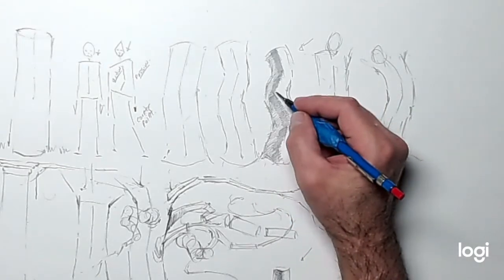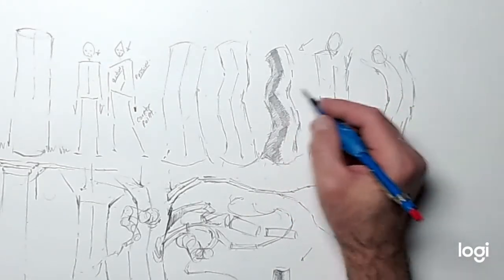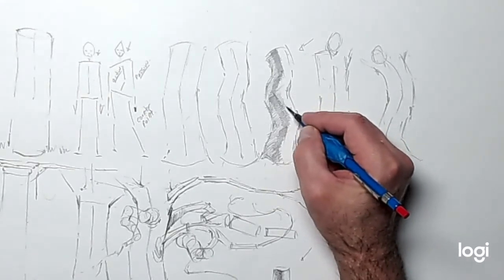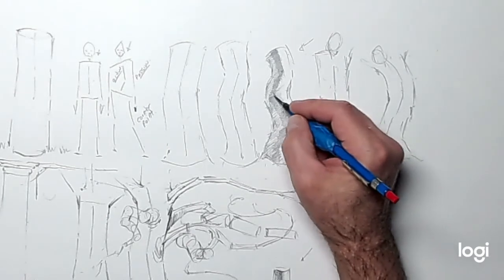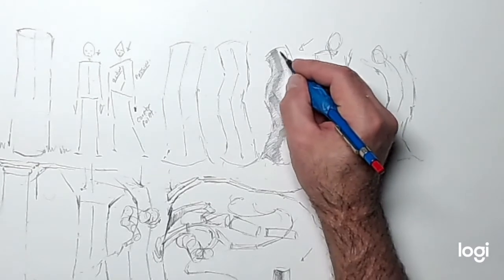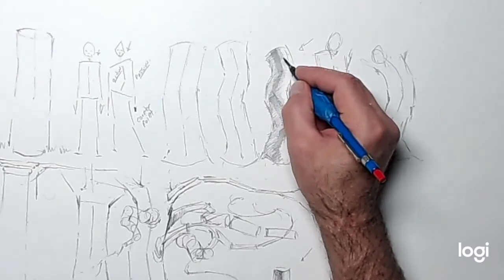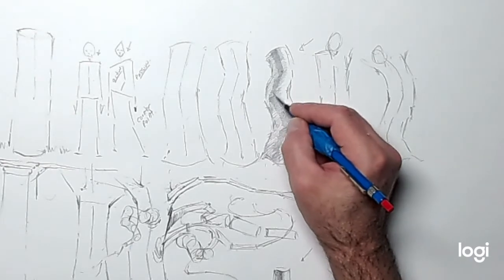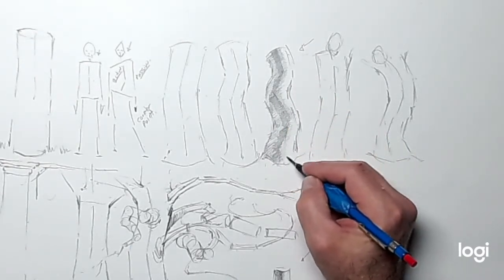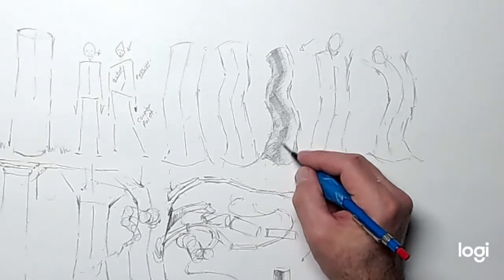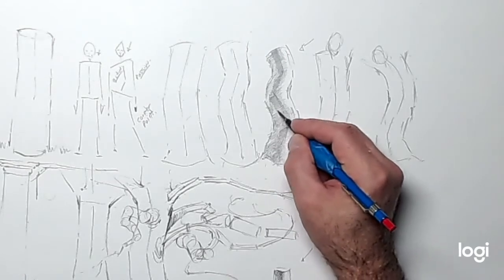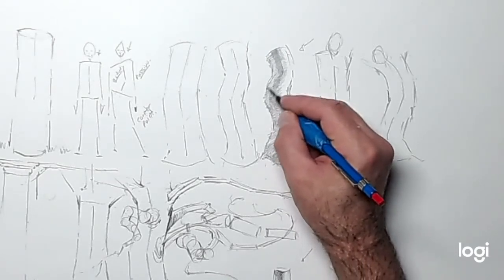This is our reflected light. And because the tree is kind of cylindrical, the transition from core shadow to light is very gentle. I'm kind of darkening down the reflected light.